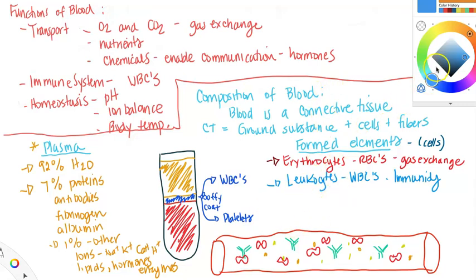And then the last cell, green, are thrombocytes. And these are platelets. And of course, those function in blood clotting.